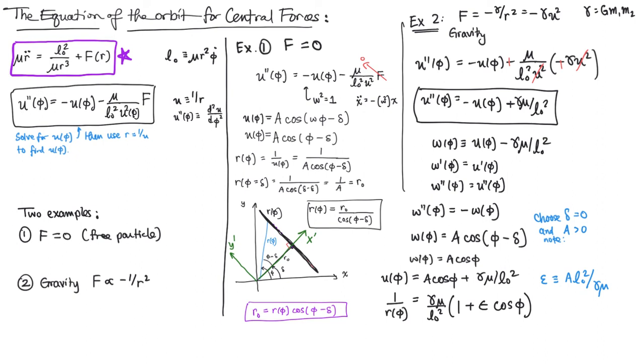We'll call a new constant c equal to L squared over gamma mu. And that simplifies this term here. So this whole term becomes a 1 over c, so that when we invert it to solve for r, we have r of phi is equal to c over 1 plus epsilon cosine of phi.